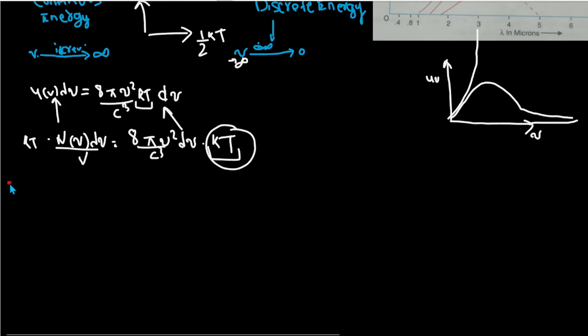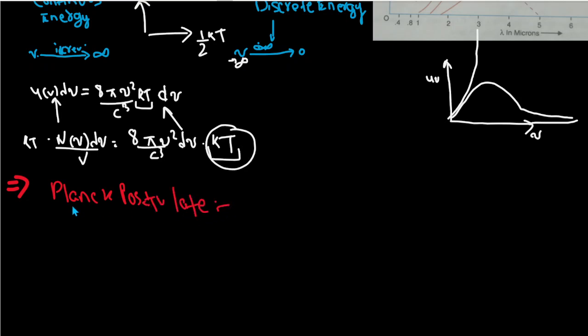So let me write down Planck's postulate. Planck's postulate was: E equals n h mu.